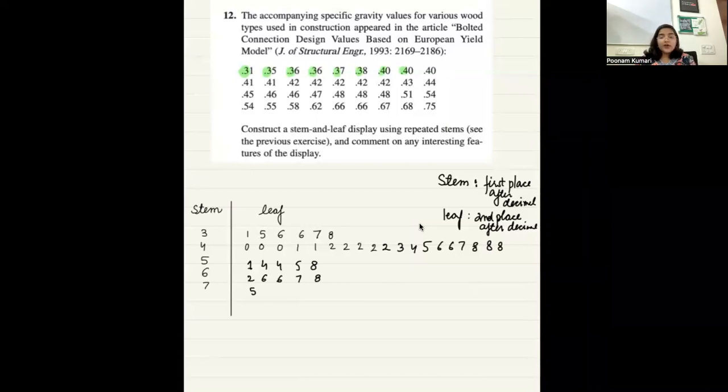So the question also asked, do you see any interesting feature? So do you see any interesting feature here? Can you say something special about this? What can we say? So you see, majority of the data is lying here only in this line. Yes, ma'am.